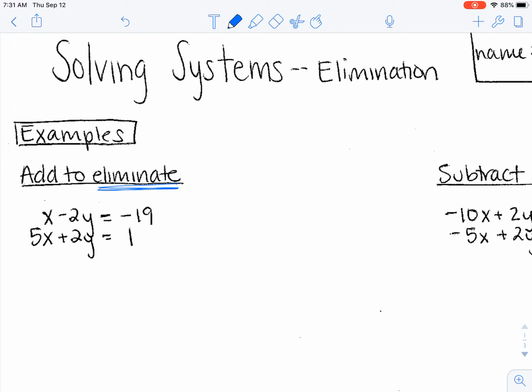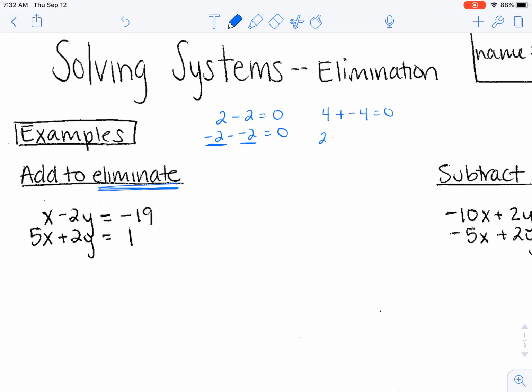So remember, if we have positive 2 minus positive 2, that gives us 0. Or negative 2 minus negative 2 will give us 0. So with subtracting, both terms have to be the exact same number and the exact same sign. Now when adding, if I have 4 plus negative 4, that gives me 0.